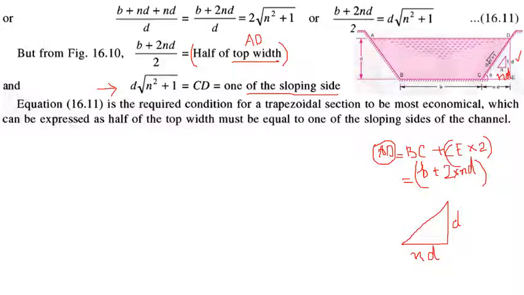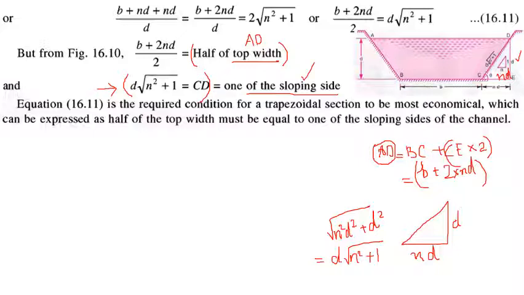Then the hypotenuse becomes n square d square plus d square, which finally comes to, d can be taken out, d into square root of n square plus 1. So that is what you see here. d into square root of n square plus 1 is equal to CD. That is one of the sloping sides.